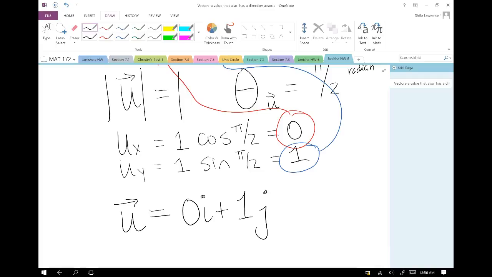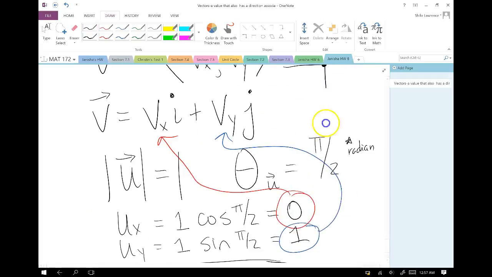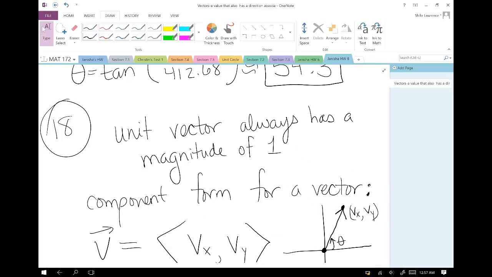And we can do that even if it's not a unit vector. They could give us any magnitude and any angle, and we could write the vector out in component form this way. Use your component formulas to figure out what those components are, and then just stick them in front of an i and a j. So that's what they're looking for there in problem number, what was it, 18.